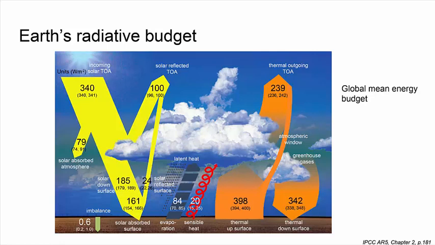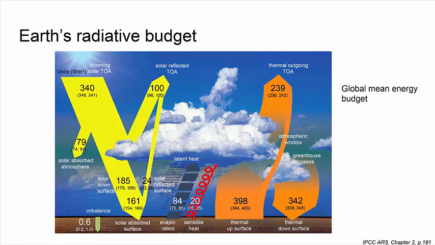And then you can see, it's coming down, it's absorbed, and at the surface it's radiating 398 watts per meter squared back up into the atmosphere. What's happening is that it's absorbed by the atmosphere, it radiates it back downwards, and in balance, these are the values of both of them.